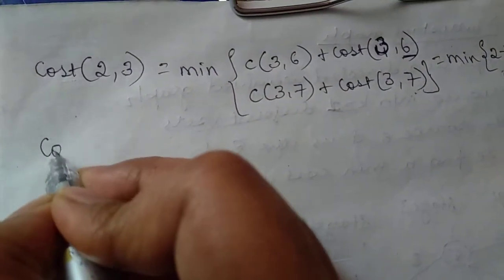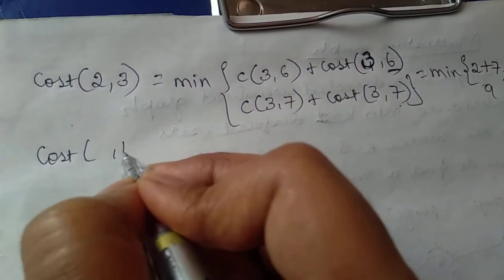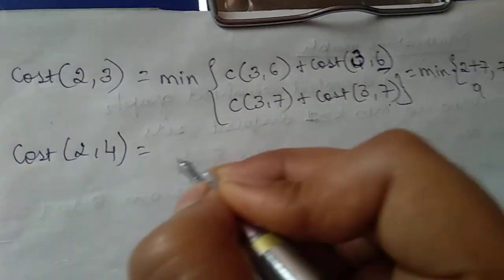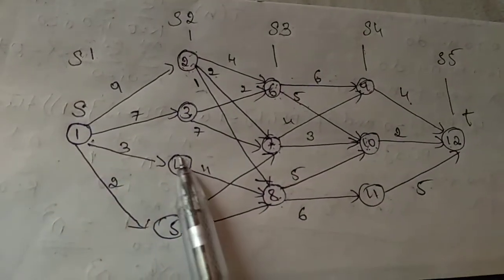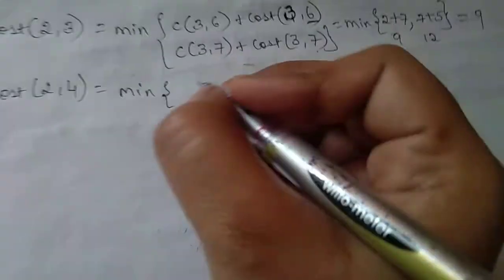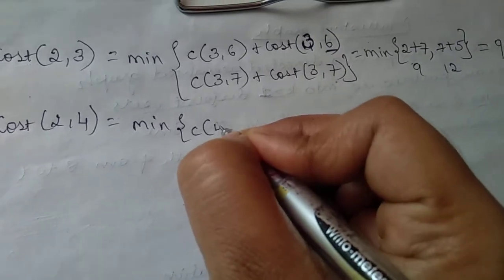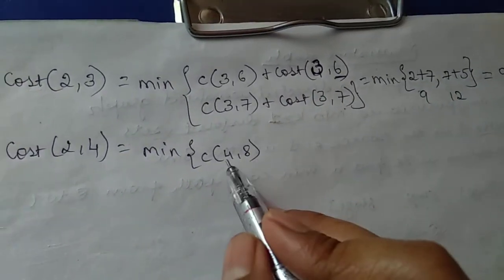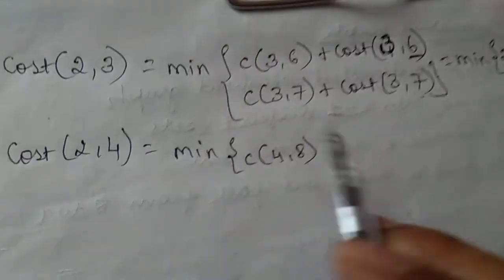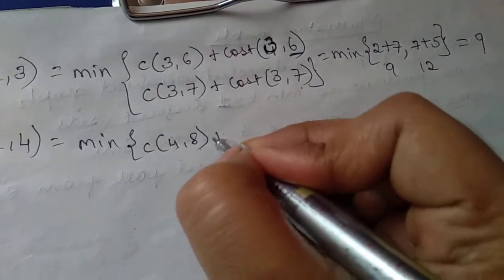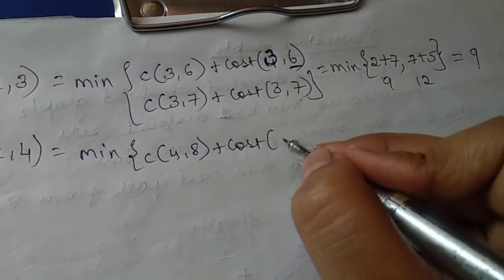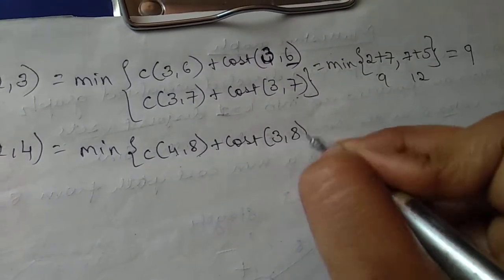Okay. Next. Which is the next vertex? 4 is the next vertex. Cost of vertex 4 in stage 2. From 4, where is it going? Only one, that is 8. C of 4, 8. That is the current vertex, this is the next vertex. From 4 to 8, only one edge it is going. Plus cost of 8, present in stage 3.